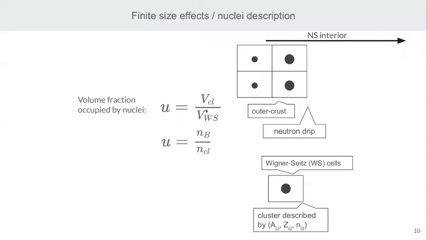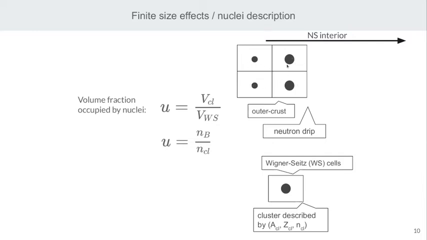One nucleus occupies a volume on the cell that is given by the volume of the cluster divided by the Wigner-Seitz cell, or you can also write in terms of the baryon density, the global baryon density on the cell divided by the cluster density. So as we go more into the star, we increase the baryon density. The cluster density doesn't change much, or it will decrease. Therefore, this volume fraction will increase as we go more into the star.